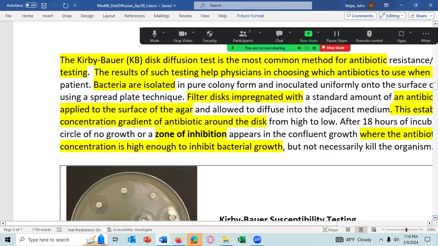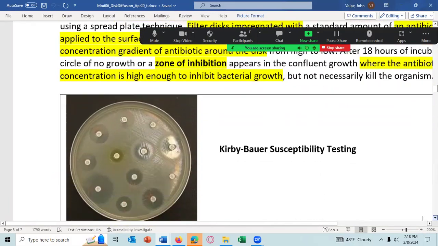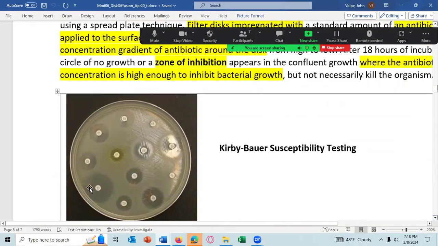Why the plate is looking kind of whitish, except where there's a zone of inhibition around a disc. That's because the bacteria were plated everywhere. And then you put the disc on containing antibiotics, and then you incubate the plate, and then look for the zones of inhibition around the disc.